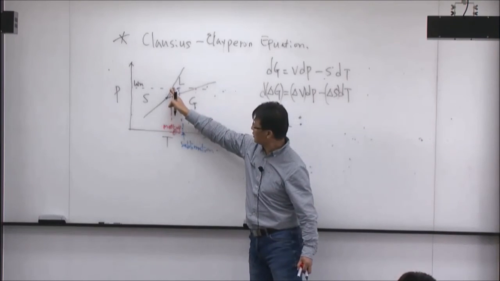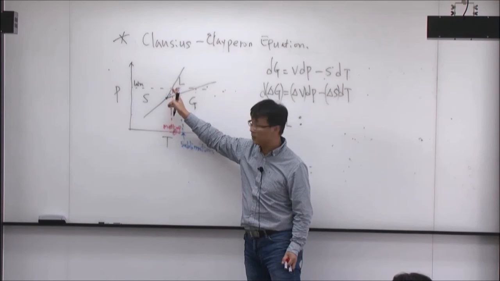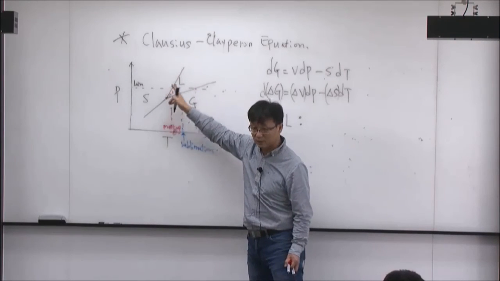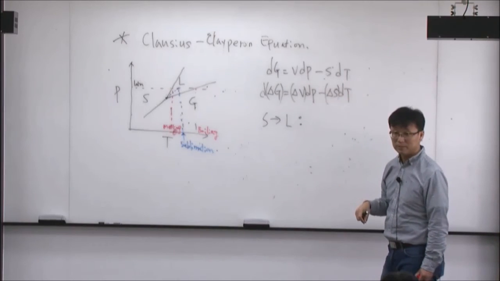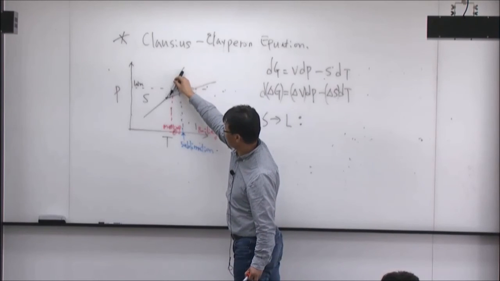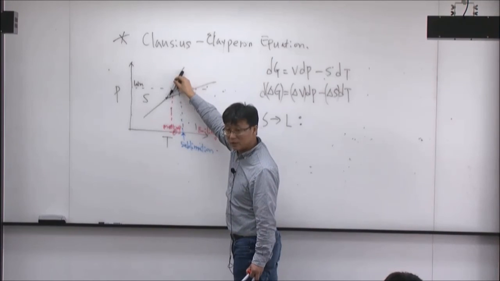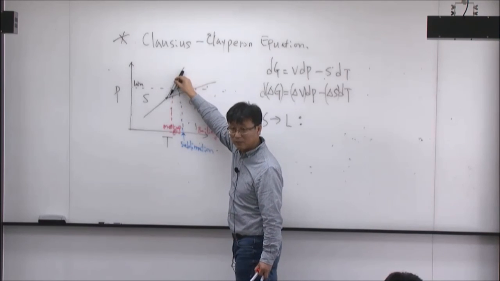At a given condition, your temperature and pressure could be the same. Yeah? So at the boundary between solid and liquid, the pressure and temperature should be the same. I want to know this line here, basically. I want to know when the solid and the liquid have the same Gibbs energy.